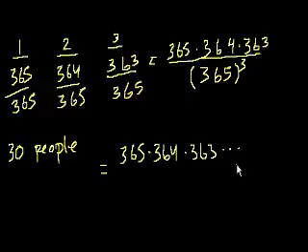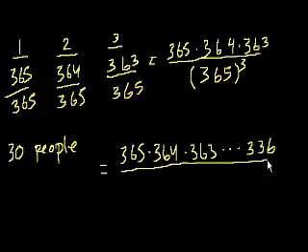All the way down to 336. That'll actually be 30 terms divided by 365 to the 30th power. And you could just type this into your calculator right now. It'll take you a little time to type in 30 numbers, and you'll get the probability that no one shares the same birthday with anyone else.